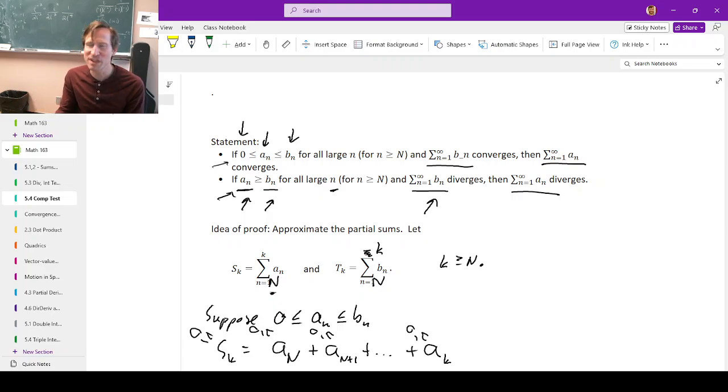So I won't prove that one separately, but you can see that it's going to work out the same way. All of the partial sums for the a's are bigger than the partial sums with the b's, but the partial sums with the b's go to infinity, and so the partial sums with the a's have to be bigger than that, so they also go to infinity, so it diverges. So I won't write that out, but hopefully you get the idea.